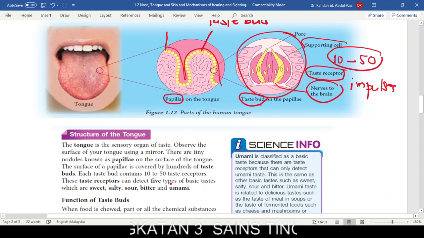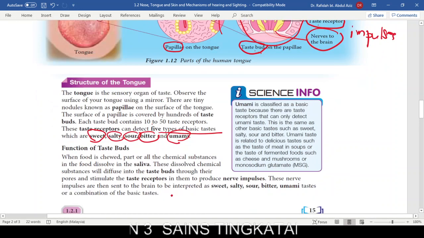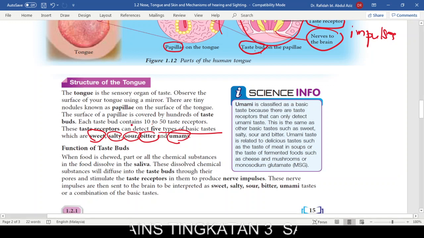And we have exactly 5 types of taste: sweet, salty, sour, bitter, and umami. So we have 5 types of basic taste that you have to know, and all these tastes will be detected by the taste receptors inside the taste bud.